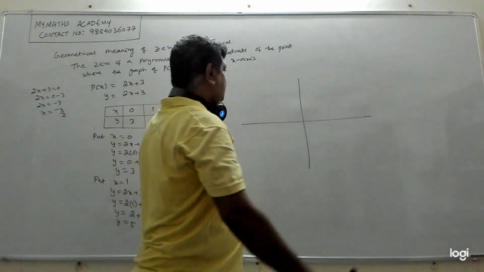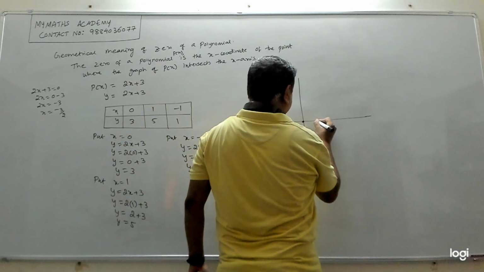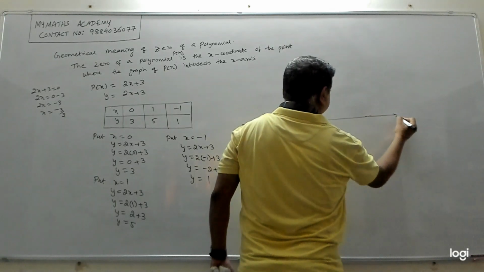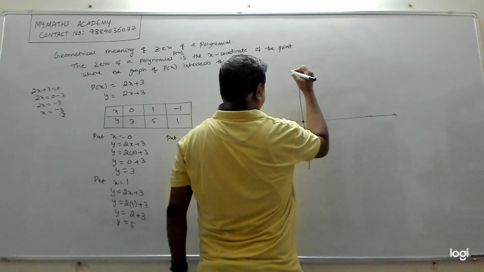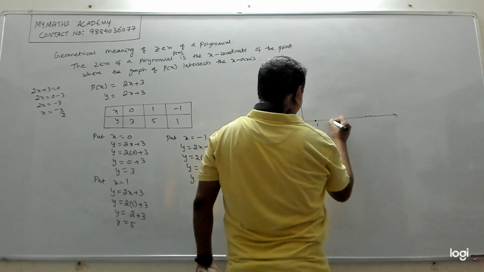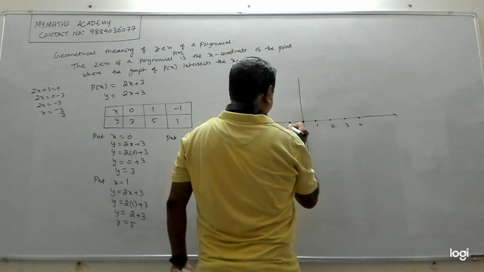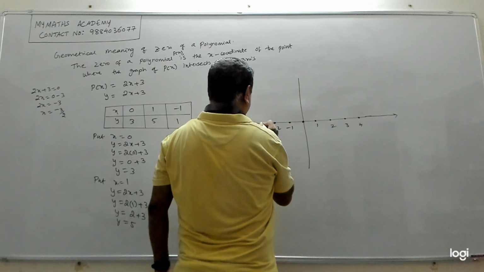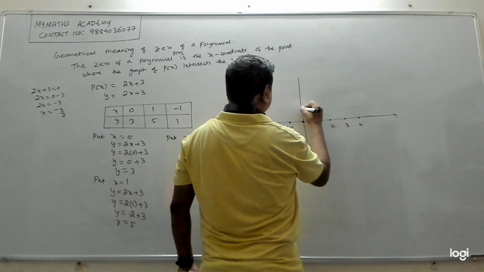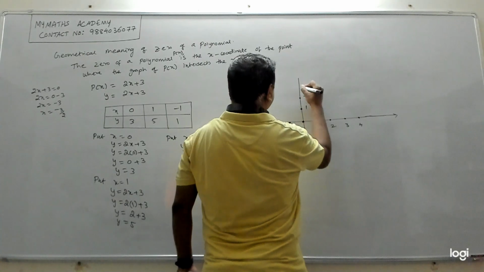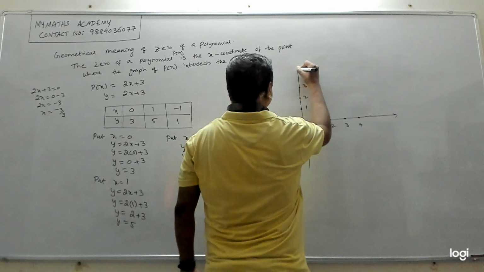Okay? So this is the origin, (0, 0). Now this is the x axis, negative x axis, y axis. So I'll take 1, 2, 3, 4, and this is minus 1, minus 2, minus 3. Then on the y axis I have 1, 2, 3.